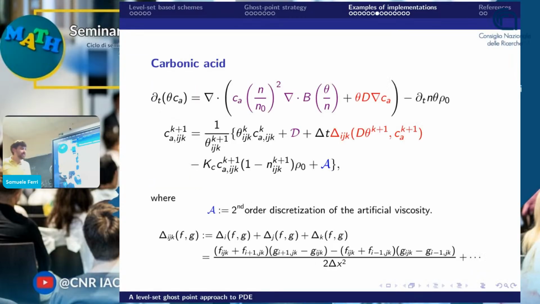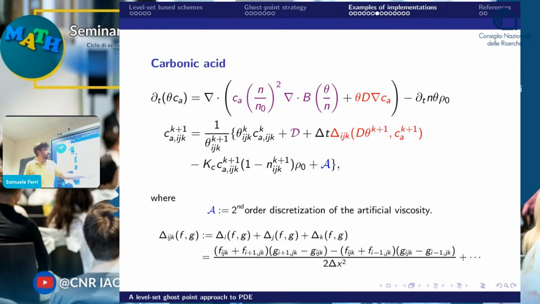The third one is the most complicated. Since the equation regarding the carbonic acid is a diffusion-reaction equation, we discretize the diffusion with the standard second order finite difference scheme. And for the reaction, we use this operator.